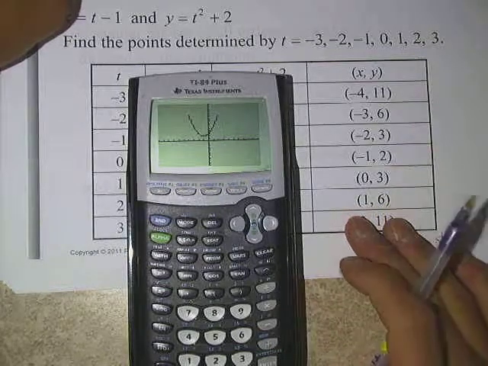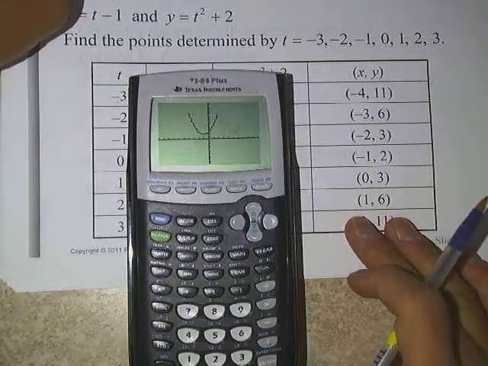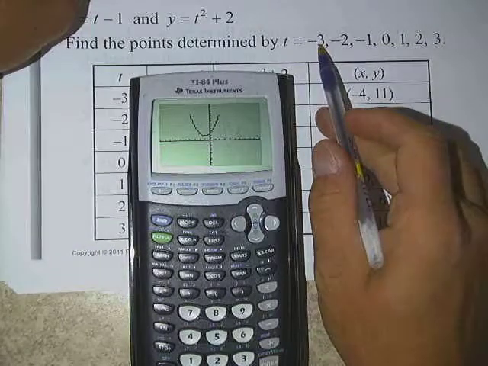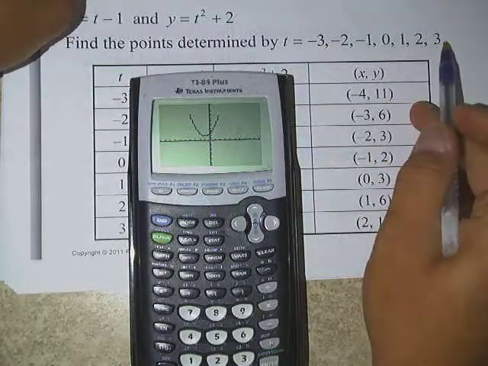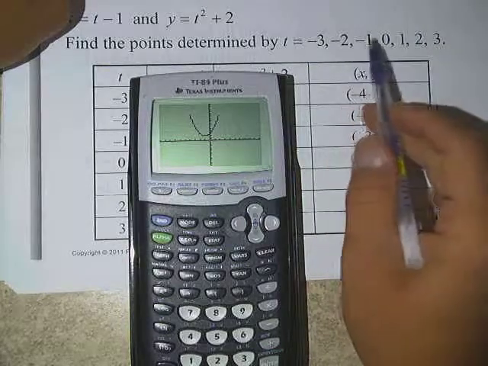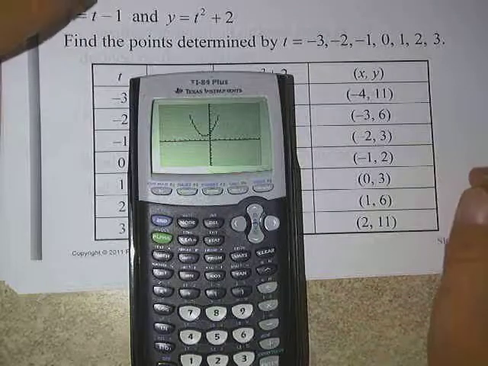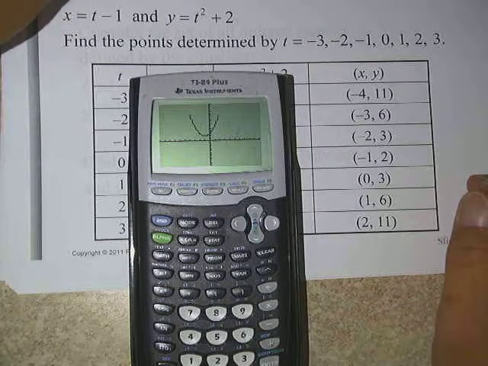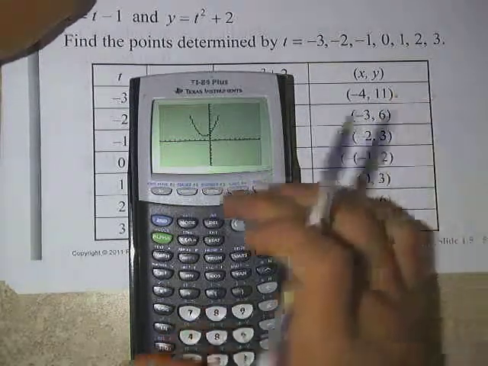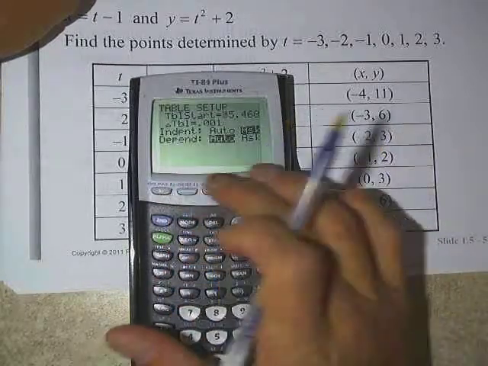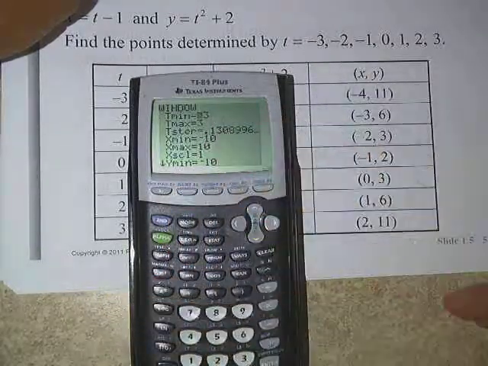All right, well, let's see the result then if we hit graph. Looks like a parabola, doesn't it? Now, one thing that you'll notice here is that it stops, which is not too surprising because we told it only to use t values from -3 to 3. If we made our t values bigger, which we could certainly do, we can put other numbers in there besides -3 to 3. We could put -5 trillion in there if we wanted to.